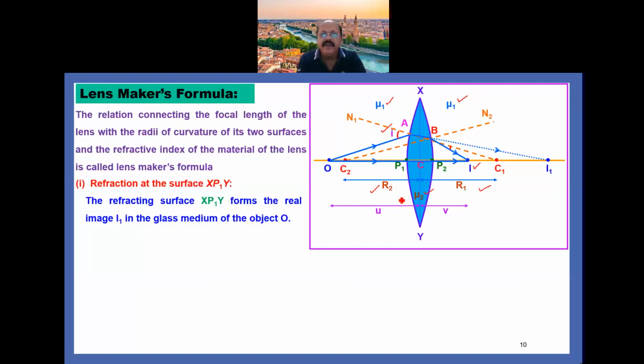This is the refraction from rarer medium to denser medium, and since the image is a real image because both the refracted rays are meeting at a point I1, we are saying the distance from optical center to I1 is represented by V1.